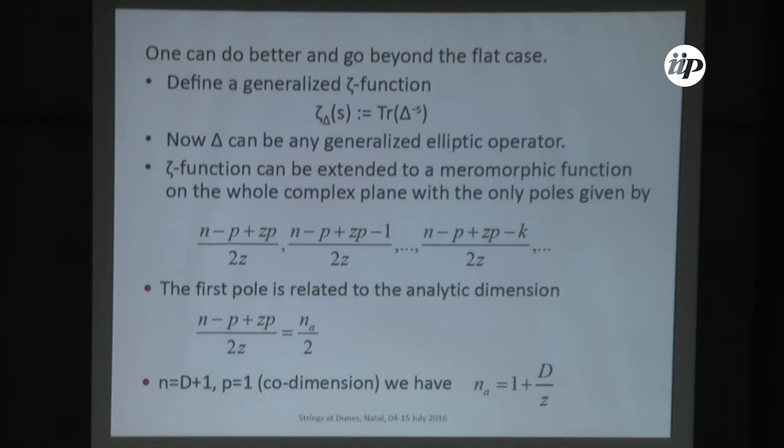And knowing the principal symbol, you can prove the quite general theorem that the poles of this general zeta function have this form, where z is exactly this scaling, the anisotropic scaling. The first pole controls a different type of dimension. It's called analytical dimension.